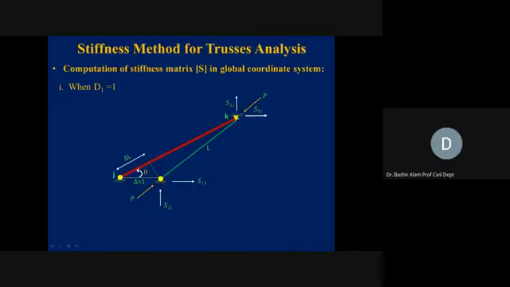This P, we can very easily find out, is how much force is going to be induced in this member. Once we find this P, we resolve it along the horizontal and vertical components. The horizontal component corresponds to D1, the vertical component corresponds to D2.